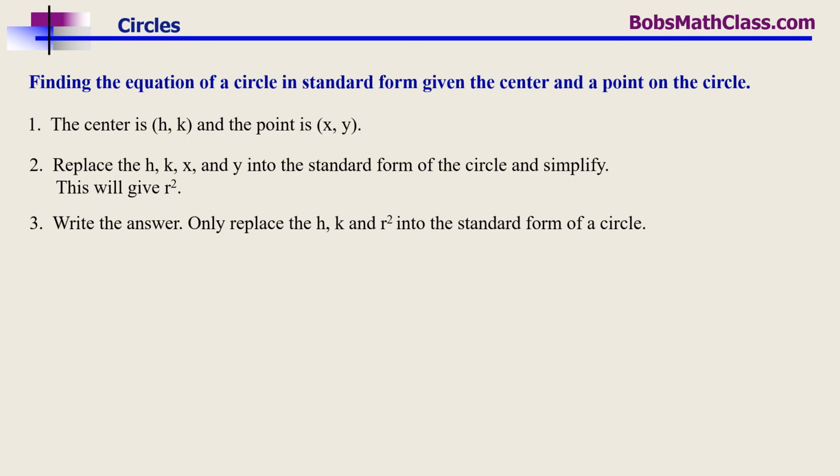This will give us r squared. Okay, then when we write the answer, we're only going to replace the h, k, and r squared into the standard form of a circle. Okay, I know it looks a little complicated, but this is the easiest way to do it. We only have one formula, right? And we're going to stick with it.